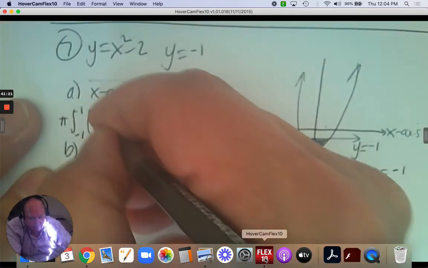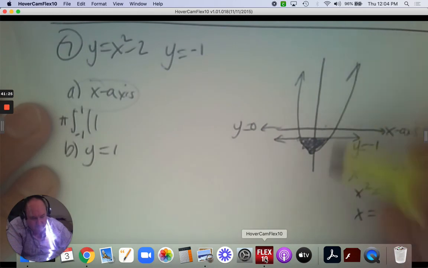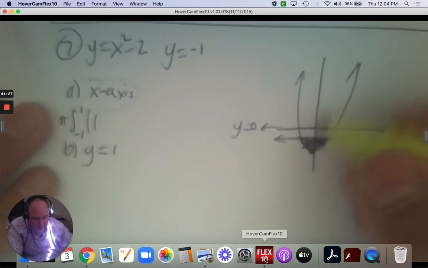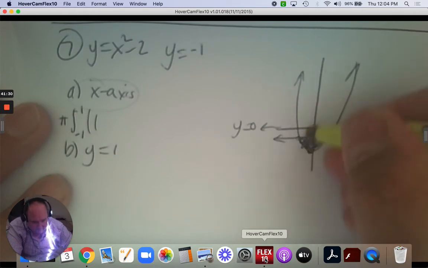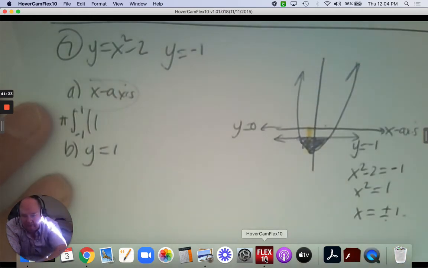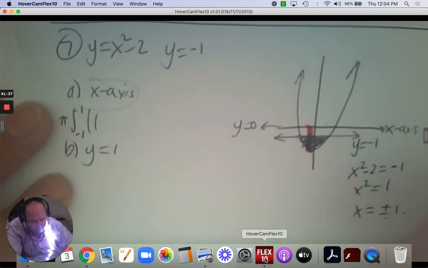So I'm going to have 2 radii. So my big radius, start with the line you're revolving around and go through the area, and then recognize what that is. Oh, I should do that in pink here. And then go top, subtract bottom.